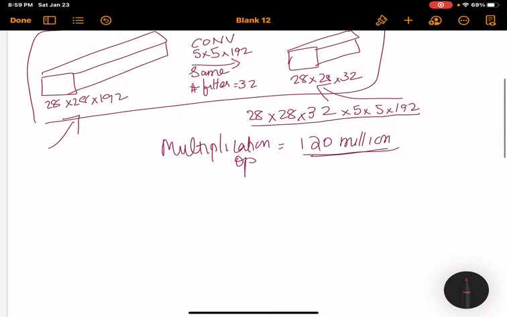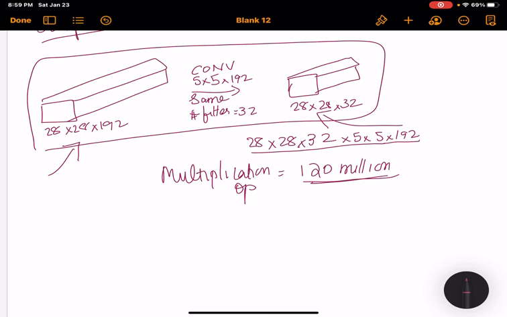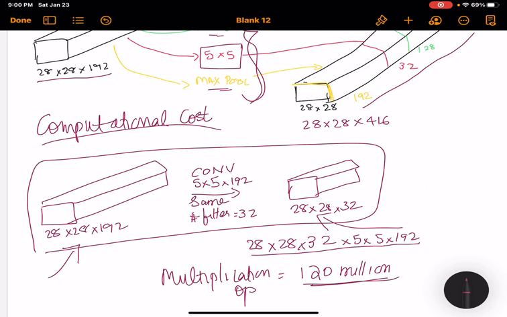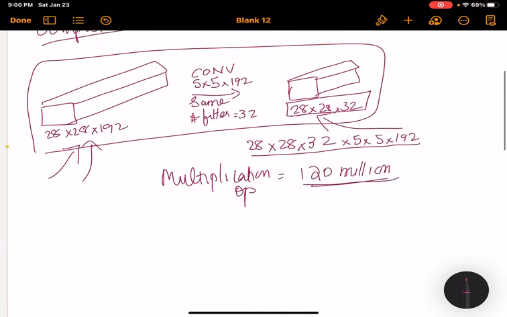This was the same as in the example where I was computing the computational cost, but there I applied a 5 cross 5 convolution directly to my input to get an output of 28 cross 28 cross 32.